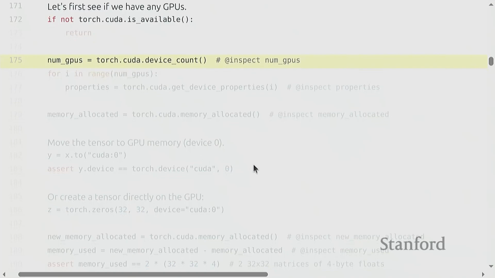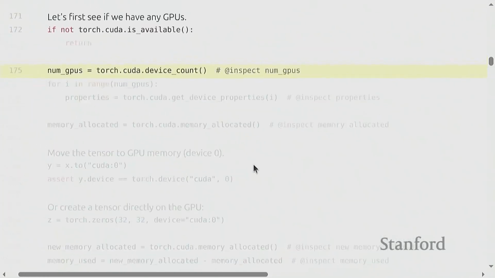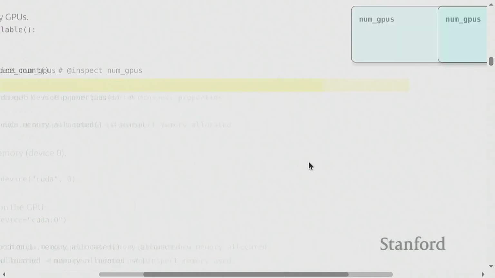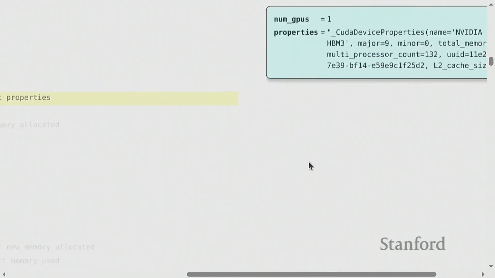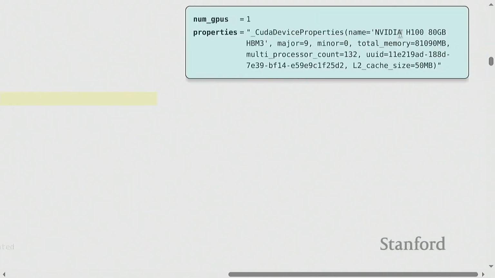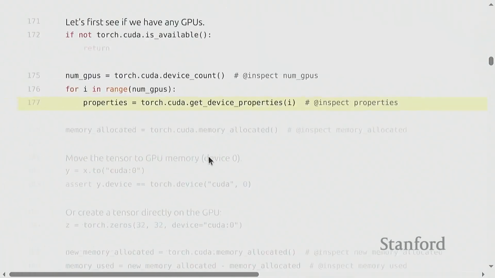Okay, so let's look at what hardware we have. In this case, we have one GPU. This was run on the H100 clusters that you have access to, and this GPU is an H100 with 80 gigabytes of high bandwidth memory, and it gives you the cache size and so on.